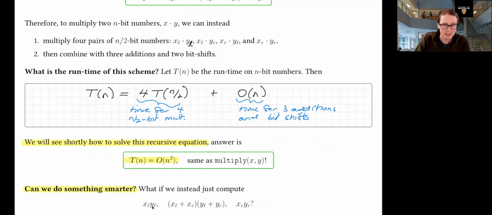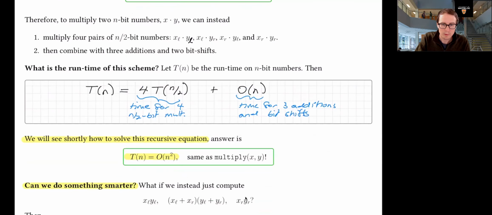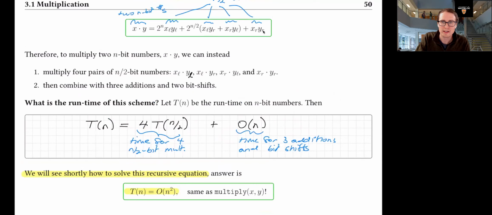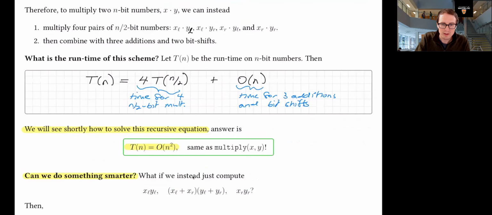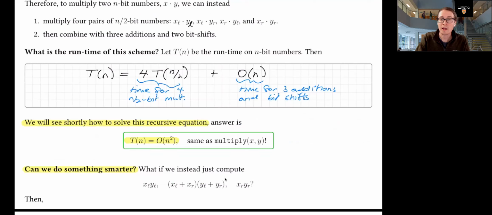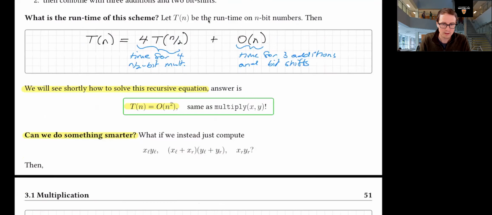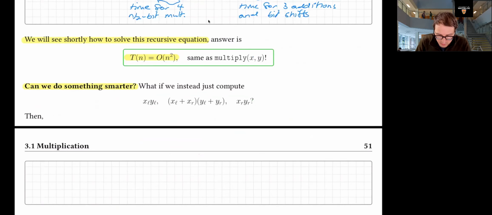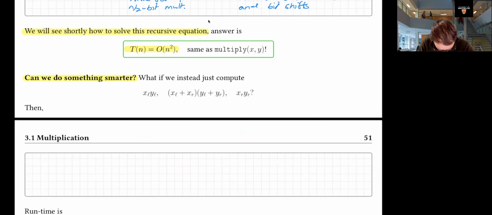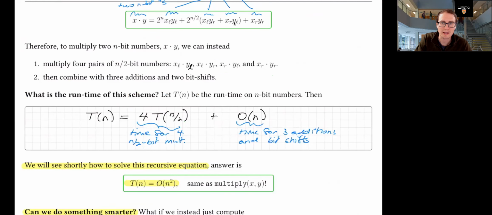So instead, I'm going to compute x left times y left, this one. I'm going to compute x right times y right, this one. And then I'm going to compute this thing. My claim is that if I compute this, I can recover the middle term. The term I want is x left y right plus x right y left. That's the term I need here.